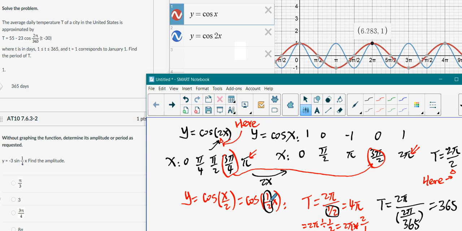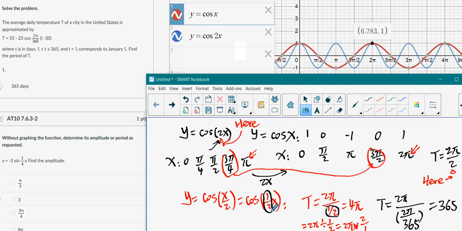But here you multiply by 1/2, which is less than 1, so the value inside cosine grows slower. To reach 2 pi, you have to put 4 pi here, because 4 pi multiplied by 1/2 is 2 pi.